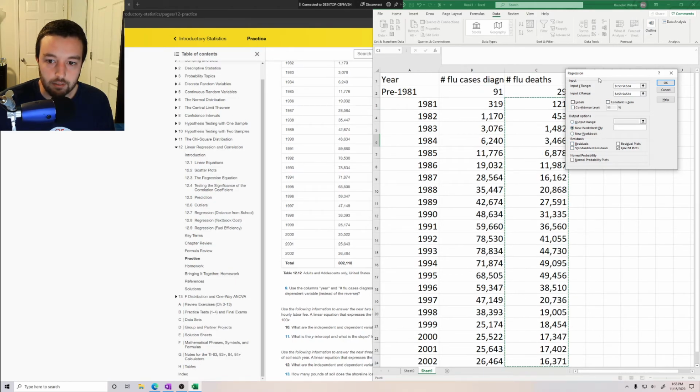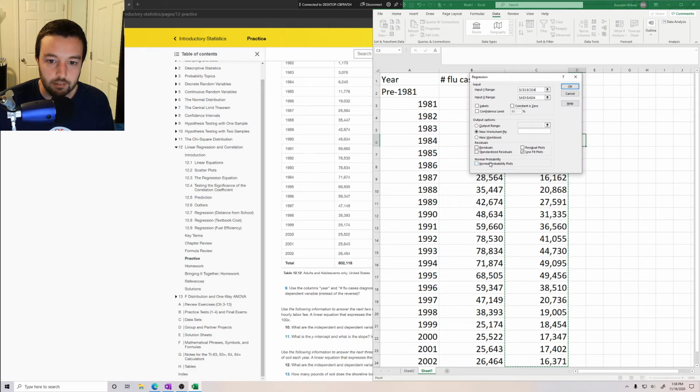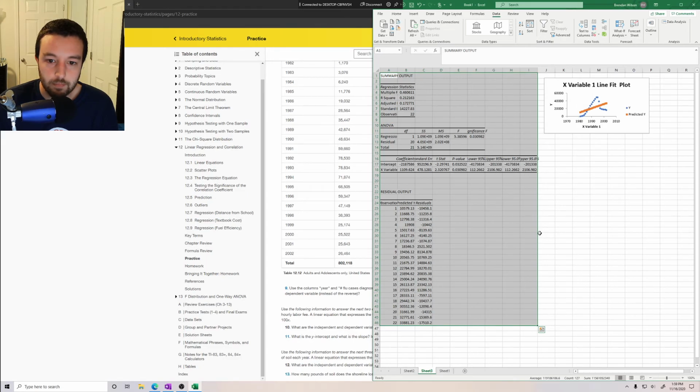I think this should all be fine here. Let's see what this does. This might give us the actual formula for the line. Let me see.